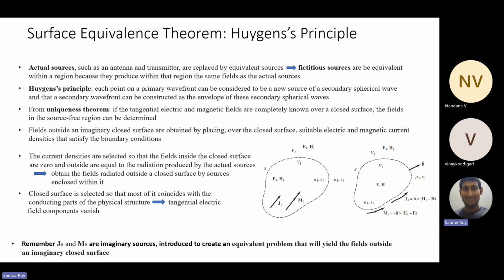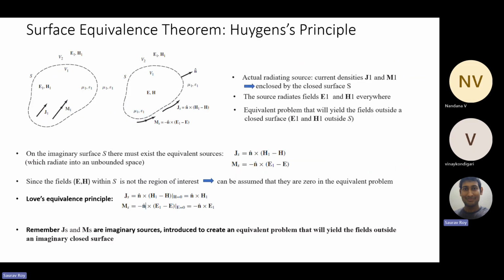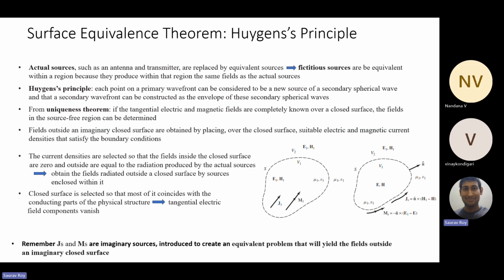So try to read about this and come up with all the questions you have. Unless you read this carefully, you won't understand properly. Tomorrow I will go through the other things. There are a lot of other very important things on it, and then I'll tell you how it is important for our microstrip antenna.